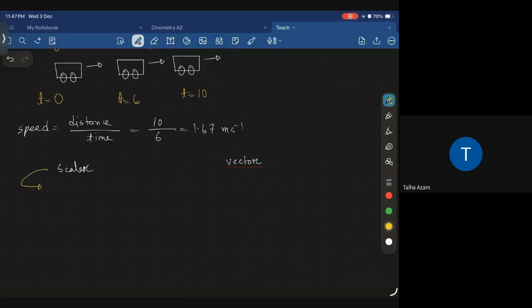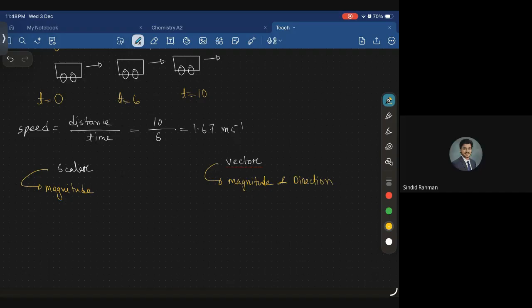For example, speed is a scalar quantity because it only considers how fast you're going. Velocity is a vector as it considers how fast you're going and the direction you're going in. So scalar has magnitude, and vector has magnitude and direction.